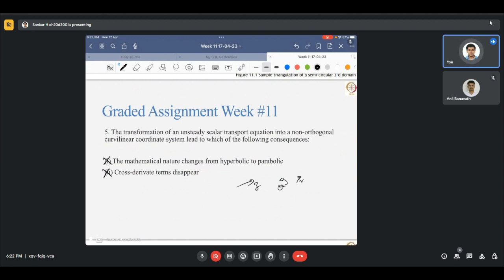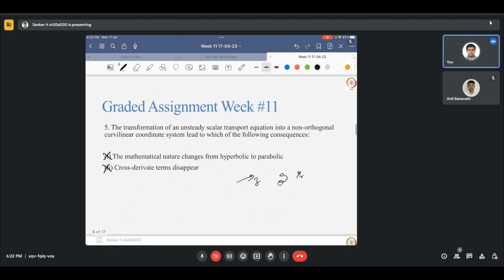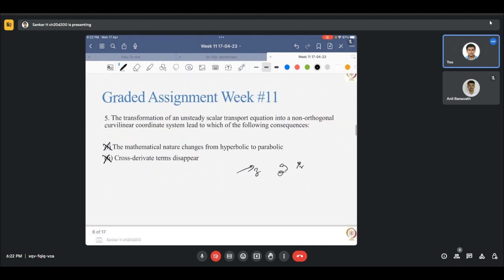If there are any cross derivative terms in the scalar transport equation, they get converted into the respective cross derivative terms in the r theta z coordinates if they exist, or if that makes sense in that system. Therefore, neither one nor two can be satisfactorily claimed to assert the answers over here. So neither one nor two is the correct answer.